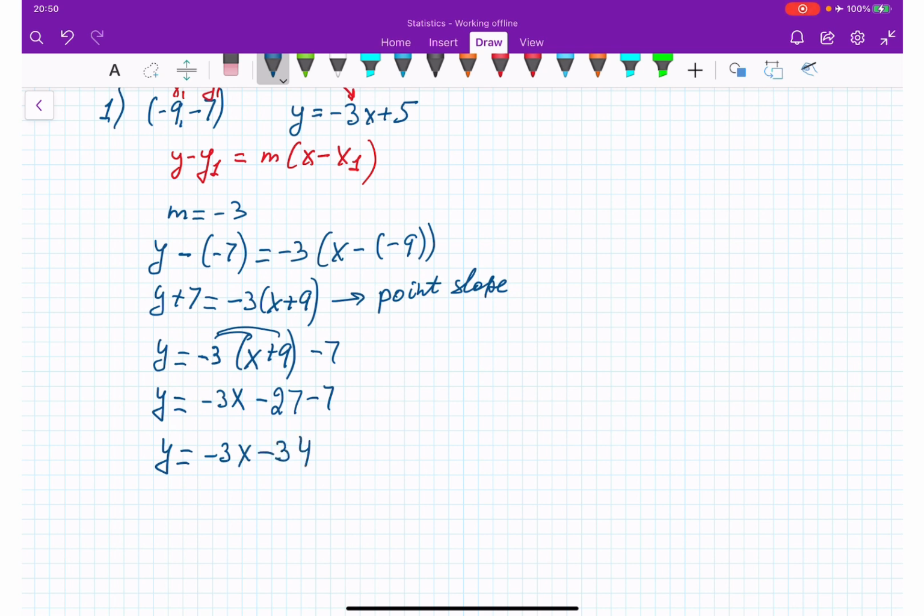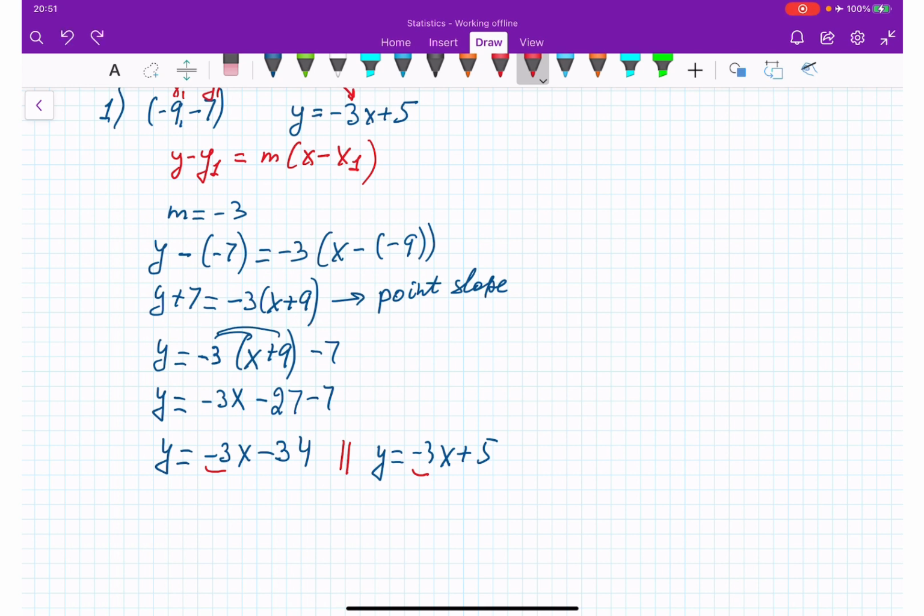So what conclusion can we draw? That the graph of the equation y equals -3x minus 34 is parallel to y equals -3x plus 5. Why is that? Because they have the same slope. When two graphs have the same slope, and I don't mean to find the slope from just any format.